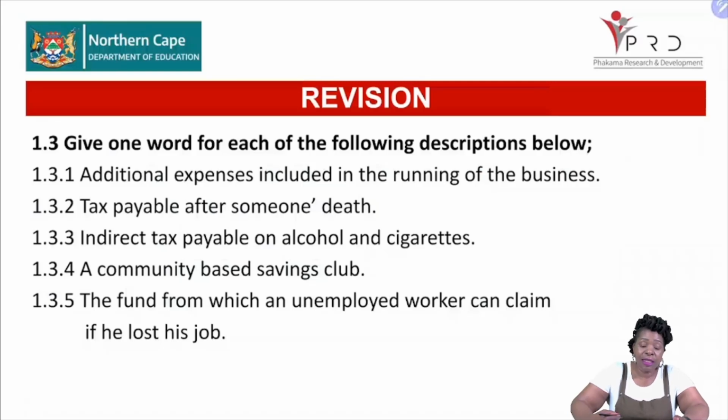1.3 says, give one word for each of the following descriptions below. 1.3.1 says, additional expenses included in the running of the business. Point 2 says, tax payable after someone's death. Point 3 says, indirect tax payable on alcohol and cigarettes. Point 4, a community-based savings club.